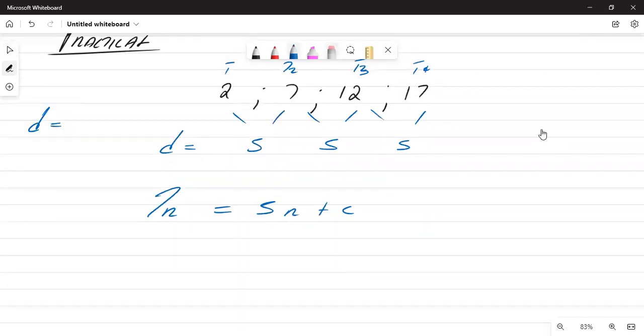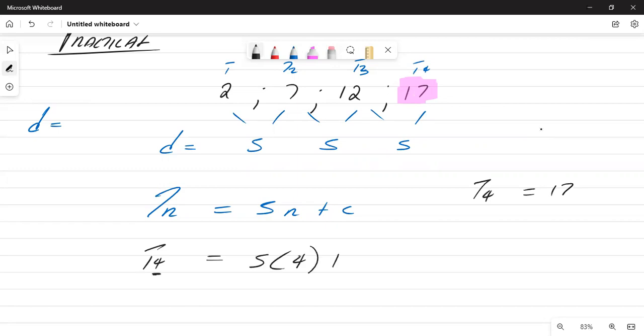I am going to pick the fourth term in this case, so term number 4 is equal to 17. So I'm going to say T4 is equal to, wherever there's n, I substitute 4, making this 5 by 4, plus c. I know the value of term number 4 is 17, so 17 is equal to 5 by 4, which is 20, plus c.